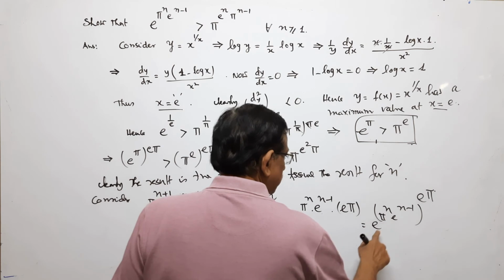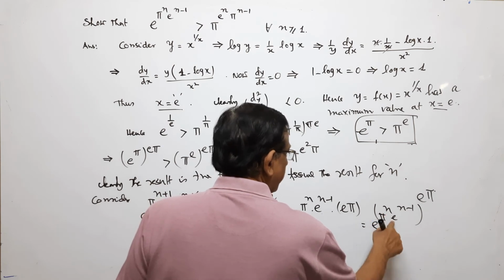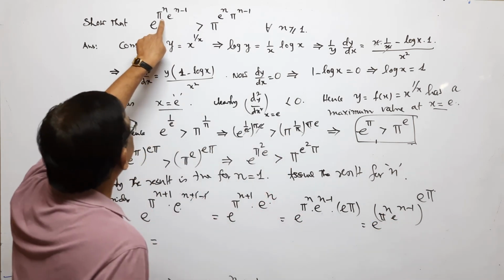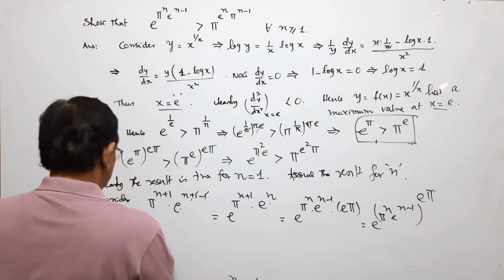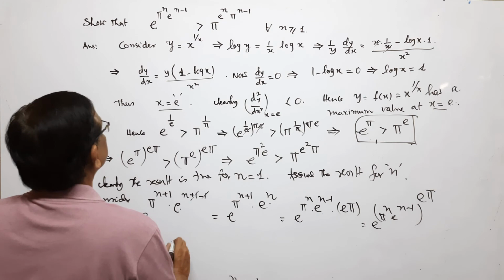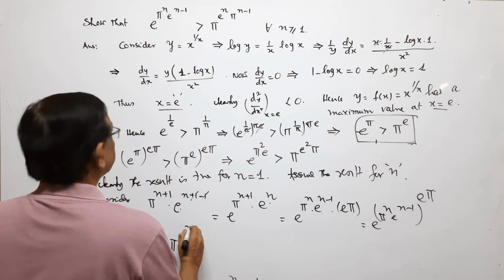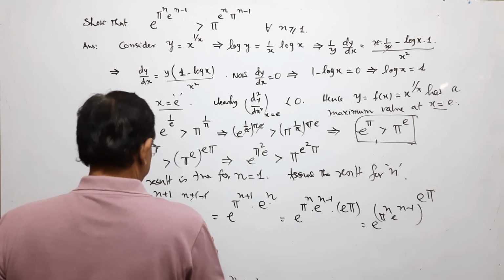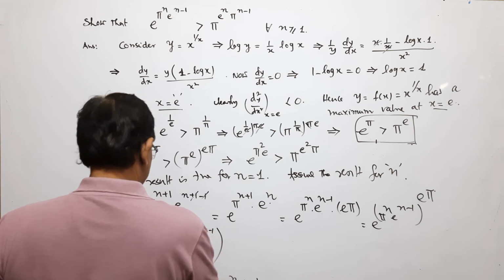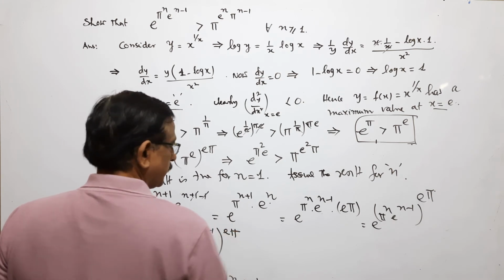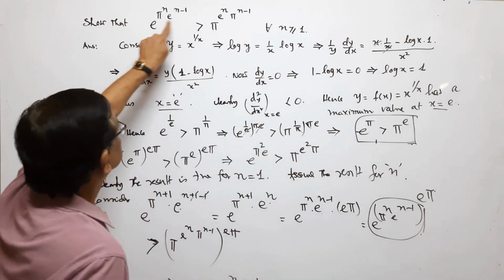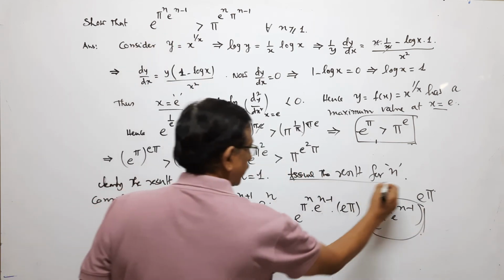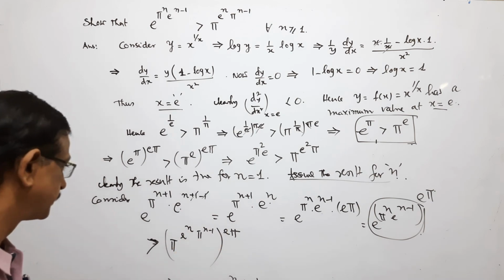Now we know that e power pi power n, e power n minus 1, raised to e pi, is bigger than pi power e power n, pi power n minus 1, raised to e pi. This whole thing is by the induction hypothesis. Assume the result for n. So by induction hypothesis this is true.